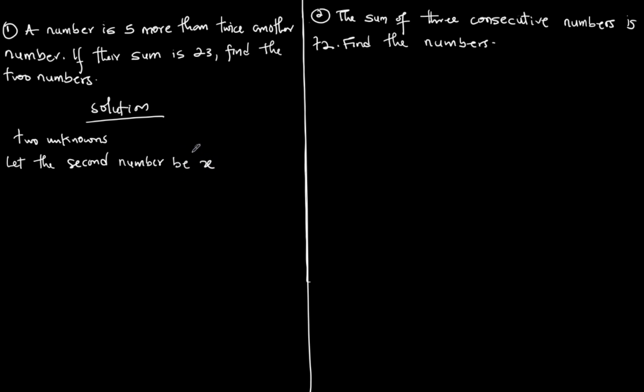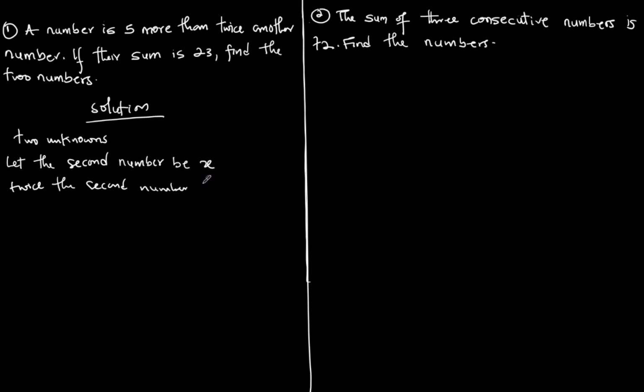So the second number is x. Now, the first number is 5 more than twice the second number. So for us to get the first number, we need to get twice the second number first.